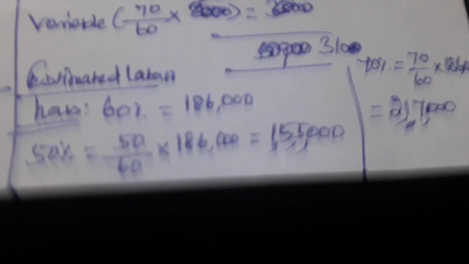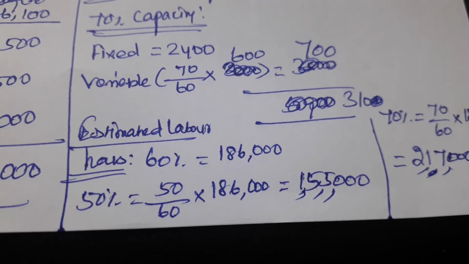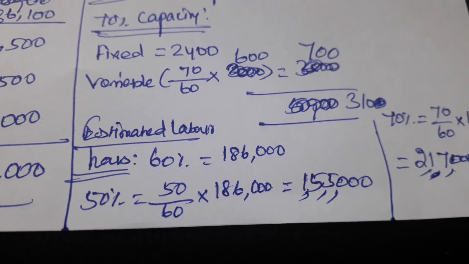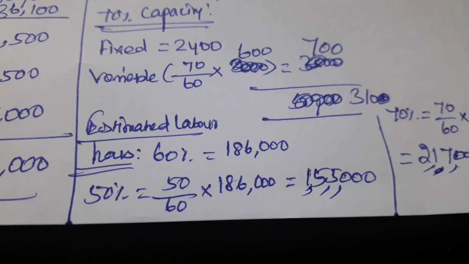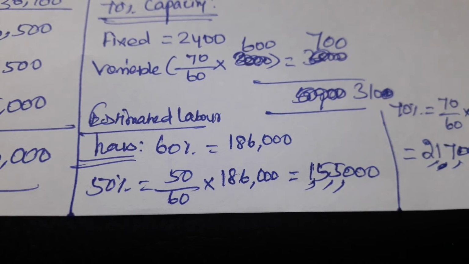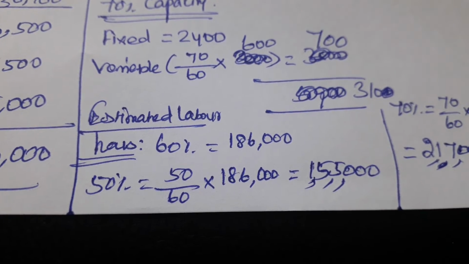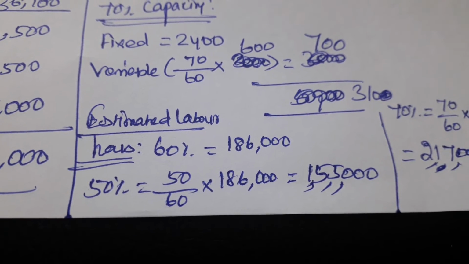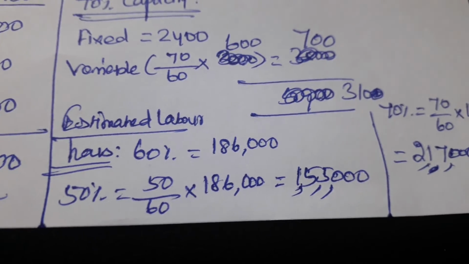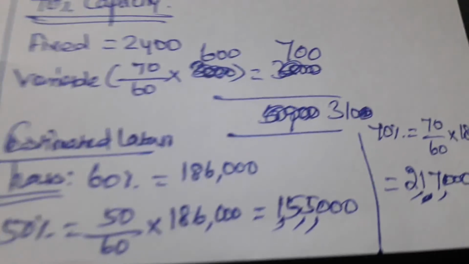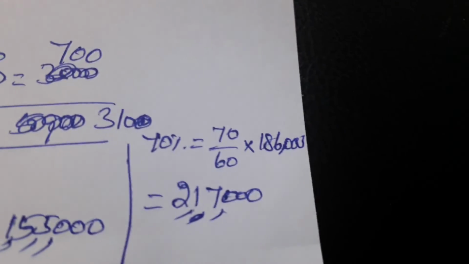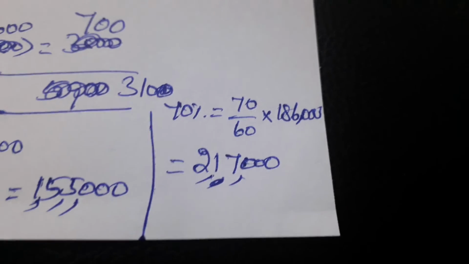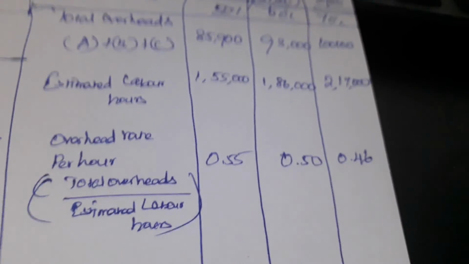Now we calculate the estimated labor hours. At 60% capacity we have estimated labor hours of 1,86,000. For 50% we divide 50 by 60 and multiply with 1,86,000 and we get 1,55,000. The same way we calculate for 70%, and we get 2,17,000. Copy to the solution.